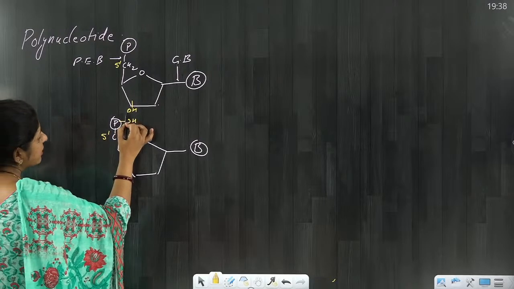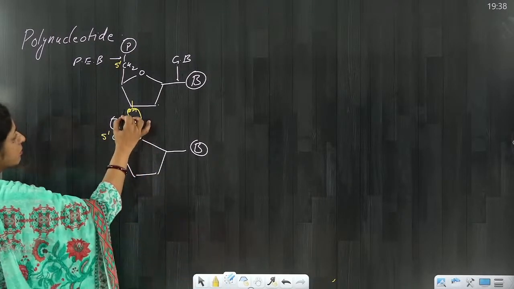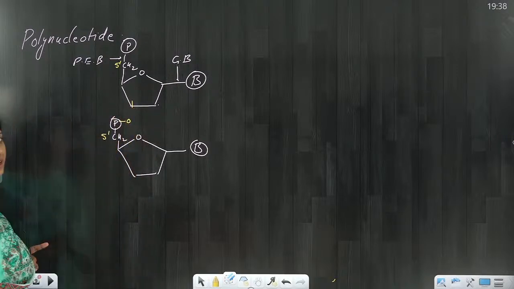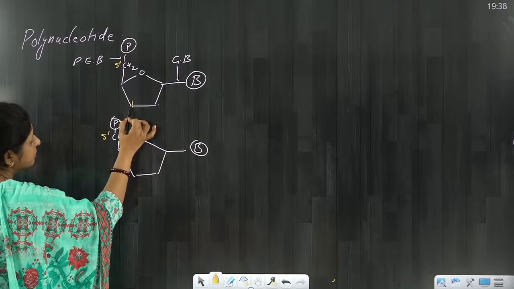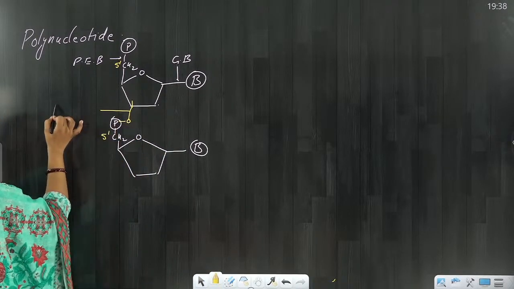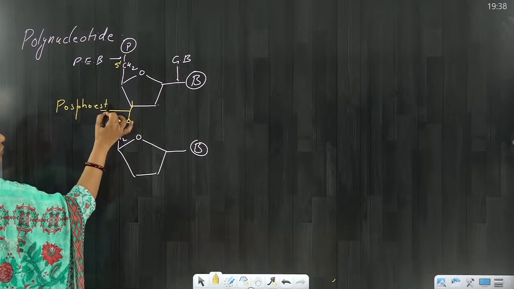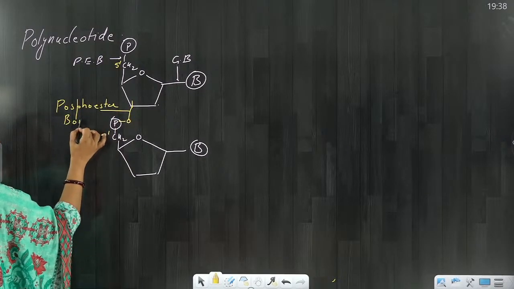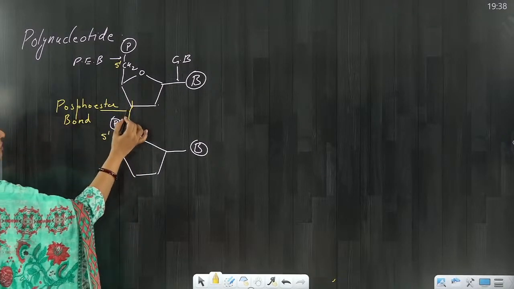And again there will be loss of a water molecule. If here this water molecule is lost, then this carbon and oxygen are forming which bond? This you call a phosphoester bond. Usually students mistake it and say phosphodiester. No, again it is what?